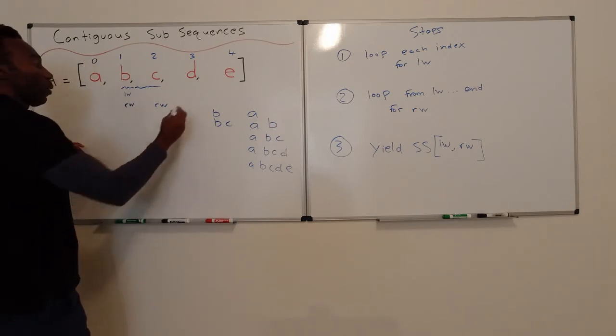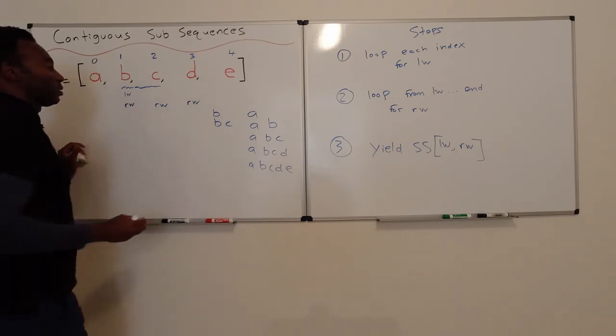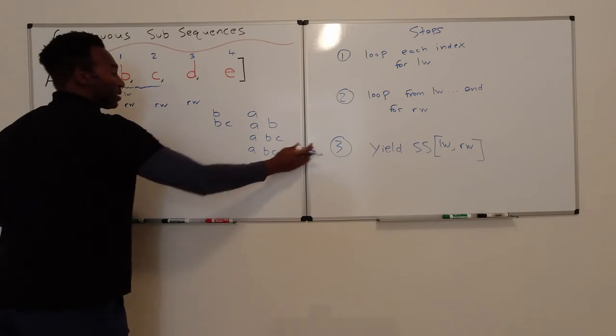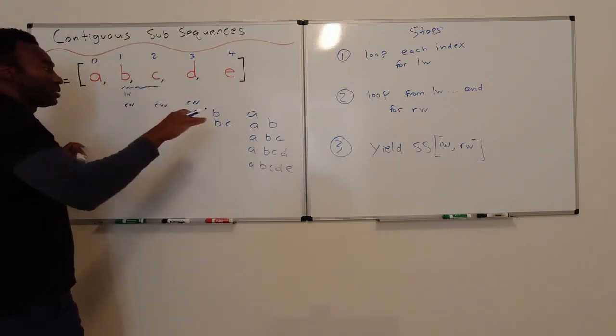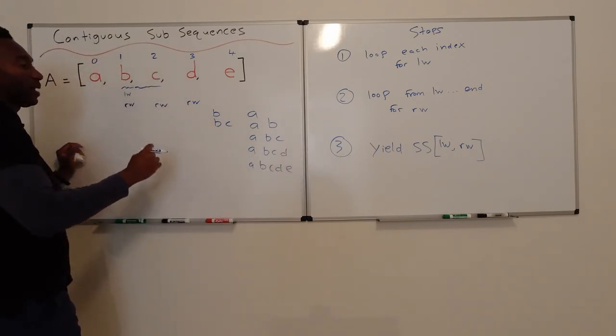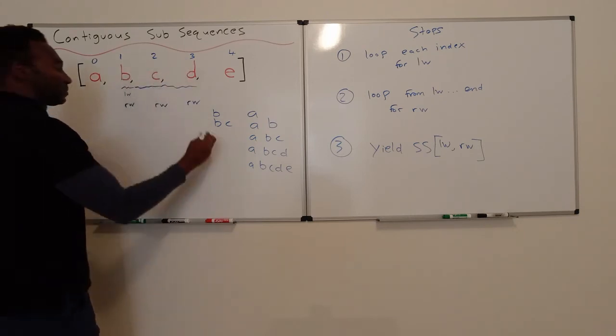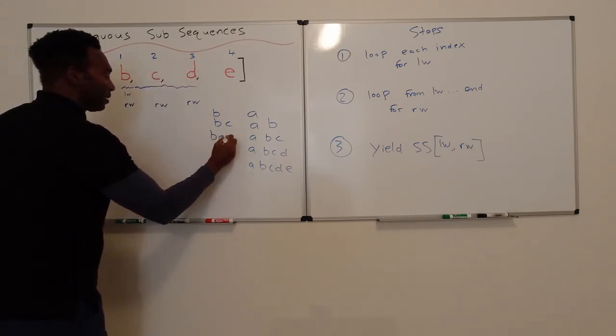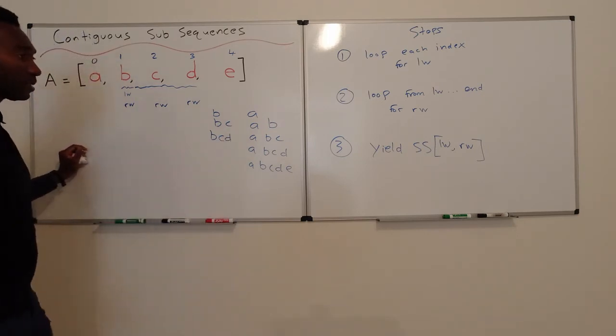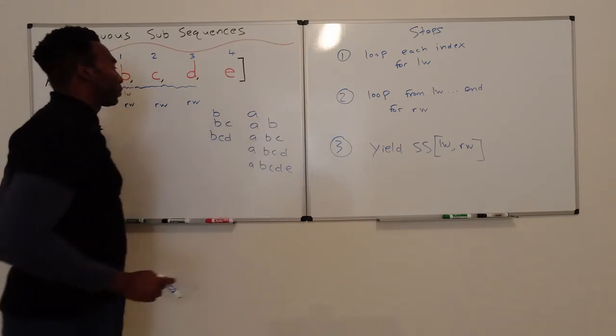You'll increment the right wall one more time. You have that. Step 3 says you then want to yield the subsequence that is defined by that interval. When you do, you'll get B, C, and D.